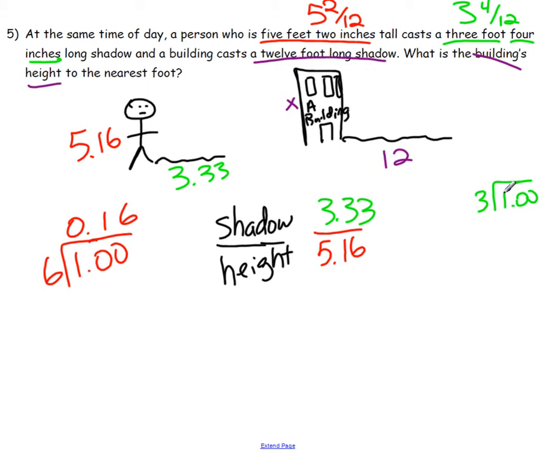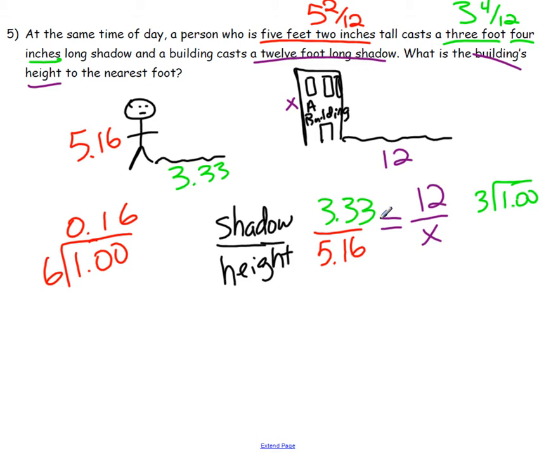We put the building on the other side. Where would the 12 go? With the shadow, so on top. And then X on the bottom. And let's actually make this a little bit easier.